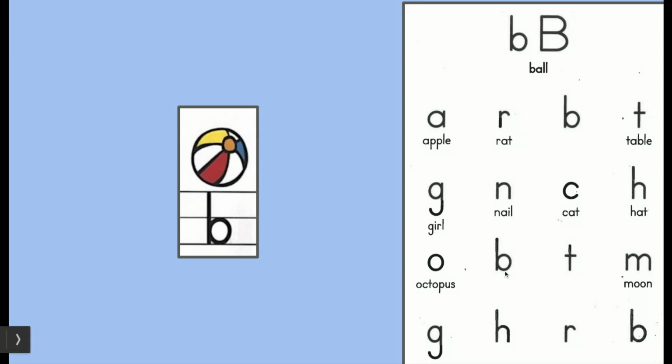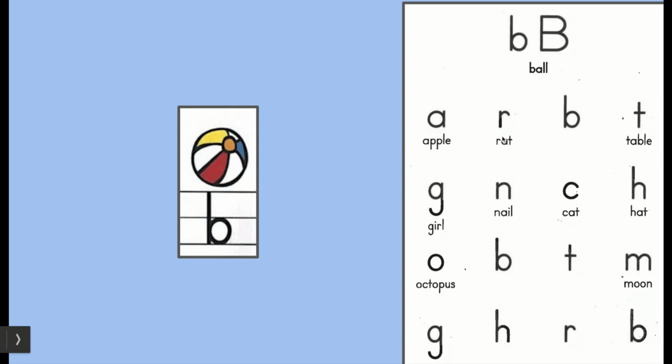B, ball. T, table. M, moon. G, girl. H, hat. R, rat. B, ball. Now let's go through and say the sounds again.